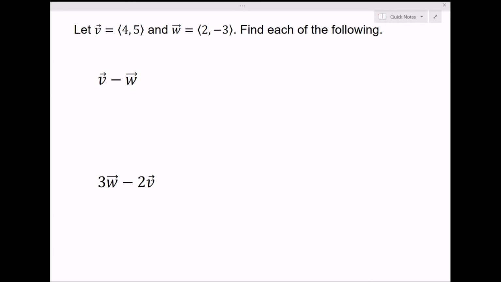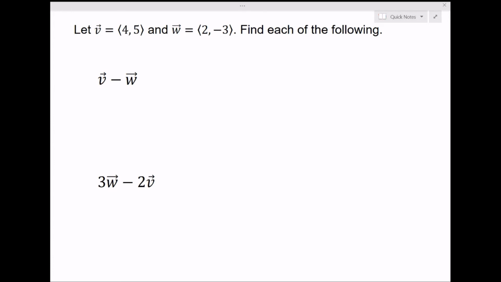So here we got some examples with the same vectors that we used, v and w, from the previous example. And it says find each of the following, v minus w, and then 3w minus 2v. So basically subtraction, if you think about it, is just addition with one more step. What do I mean?